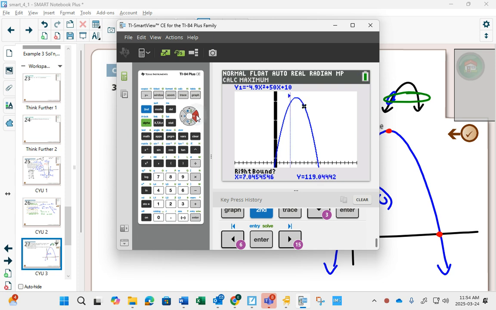It doesn't matter, you could go really far or not so far. As long as you're to the right, push enter, draws another arrow. Is my maximum between those two lines? Yes. So it says guess, you just push enter again. And it calculates that our maximum here is at 5.102. I'm going to do 3 decimal places because that's what you have to do in grade 12.